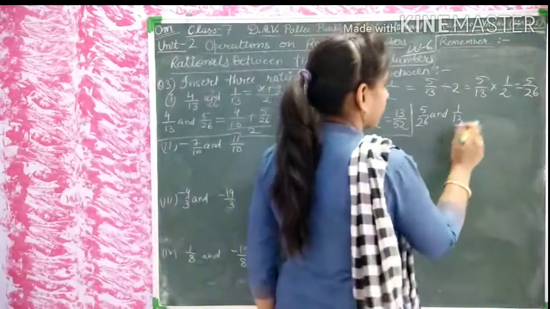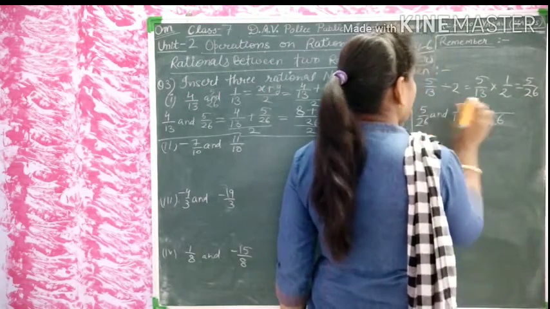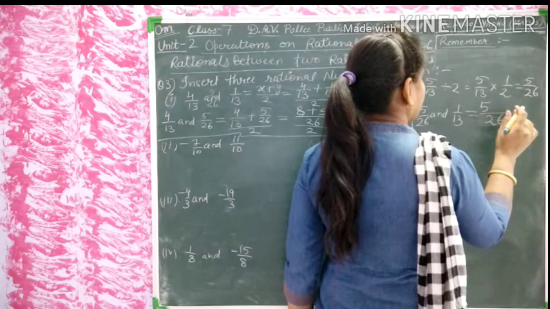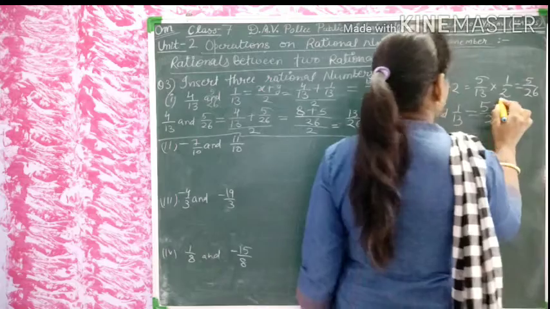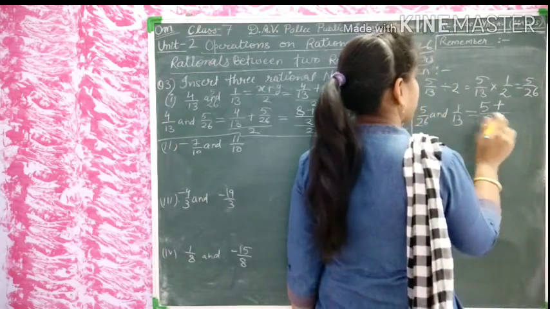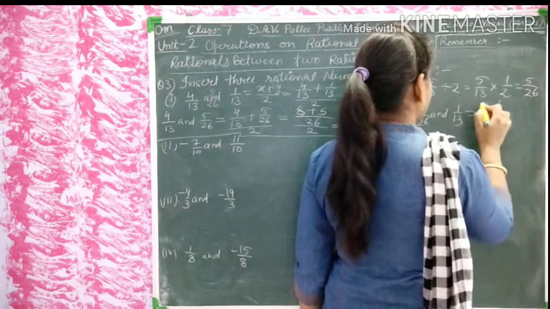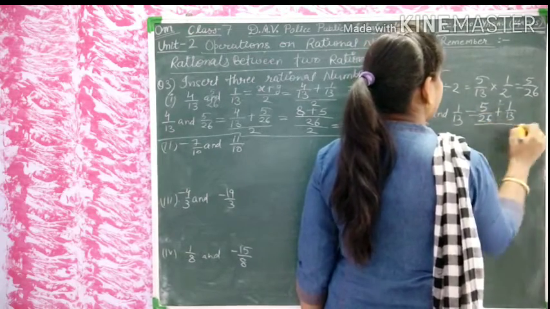The LCM is 26, so we write 5 by 26 plus 1 by 13, divided by 2.